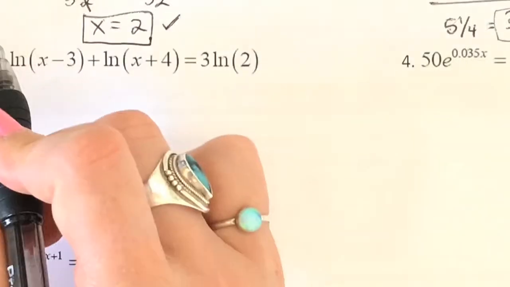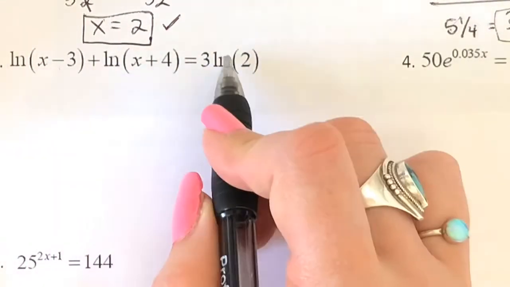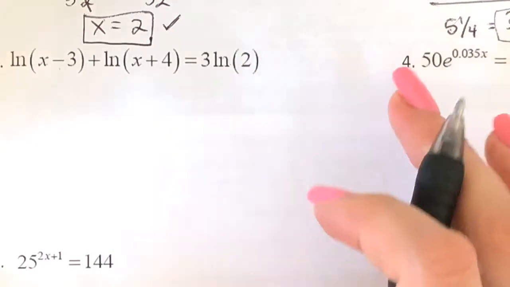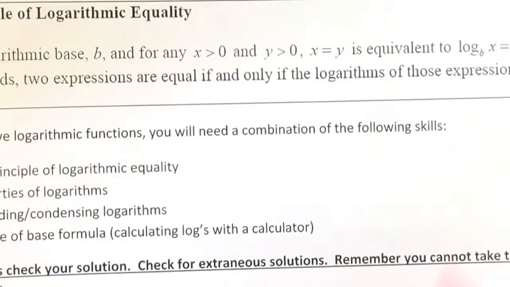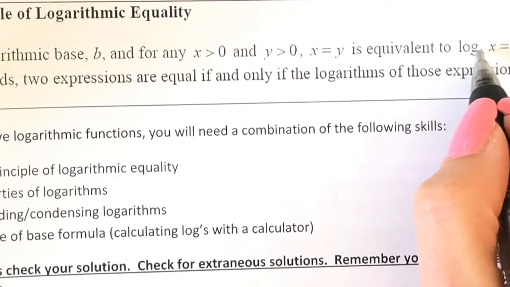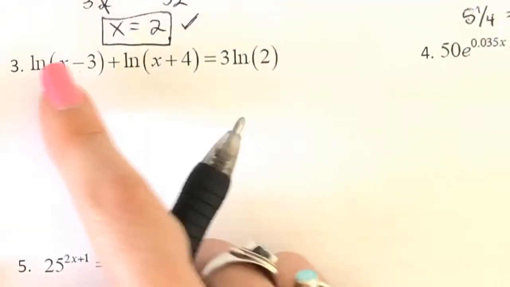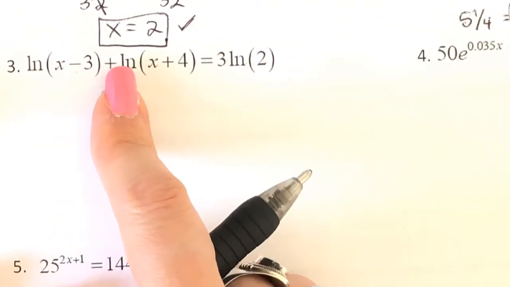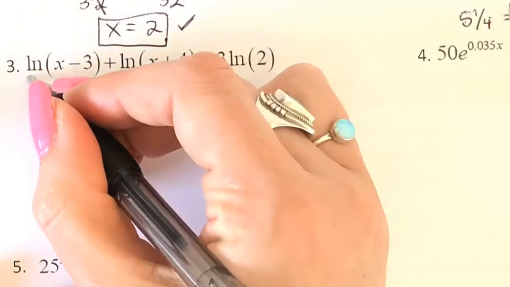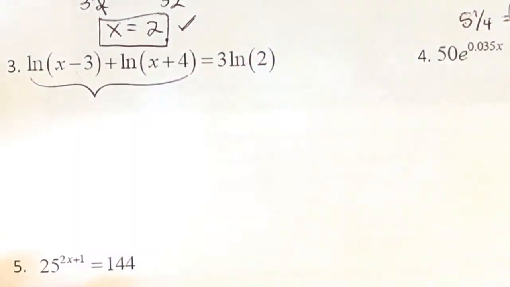On this one, we see we have logarithms on both sides of the equal sign, but in order to do our principle of log equality, we can only have one log equal to one log. Right now, there's two logarithms on this side, which doesn't work. But we learned last time that we can condense that.